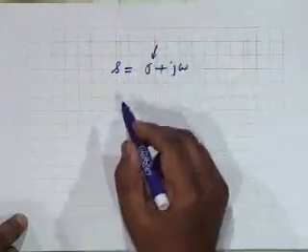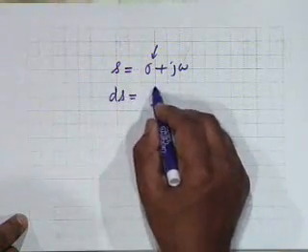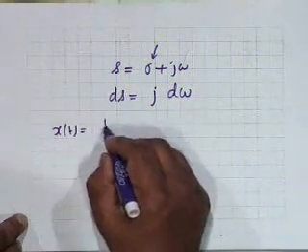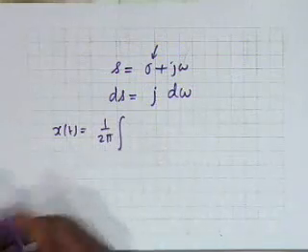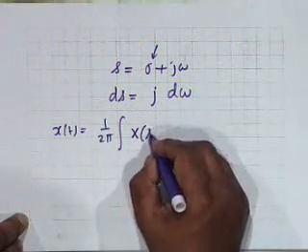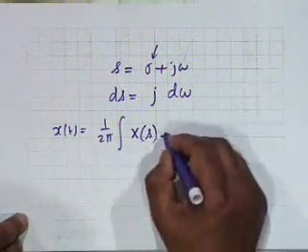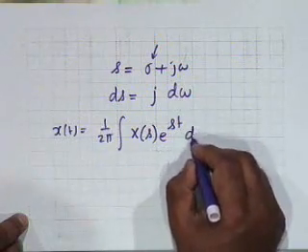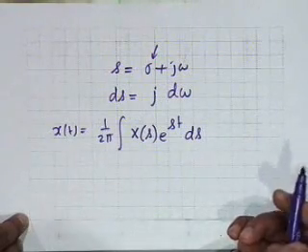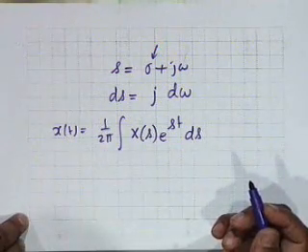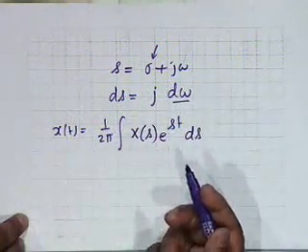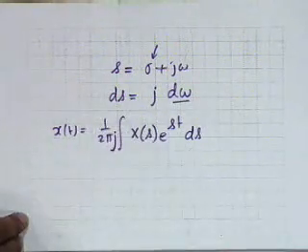So if sigma is held a constant, then ds is simply equal to j d omega, and therefore my x of t can be written as 1 over 2 pi integral, let us not put the limits because we are changing the variable, capital X of s instead of sigma plus j omega, e to the st is already there, and I write here ds, then ds is j times d omega. Have I made a mistake? d omega shall be replaced by ds by j, and therefore we shall have a 2 pi j here.